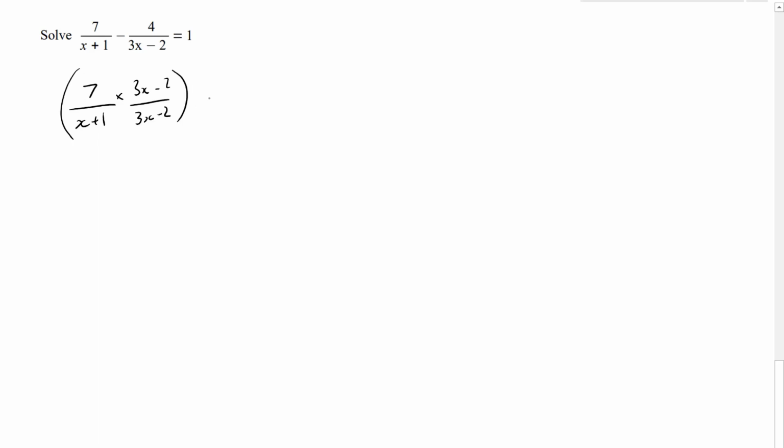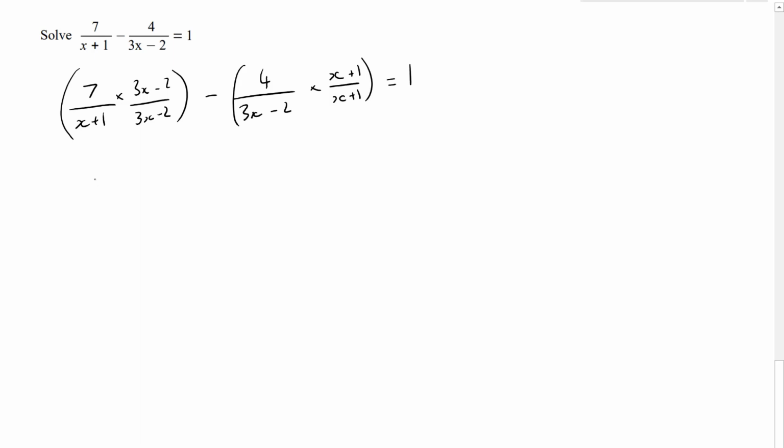So that's our first side, and then it's going to be minus 4 over 3x minus 2 multiplied by x plus 1 over x plus 1, and that's going to be our second thing. So this is going to get us to be under the same denominator, and that's equal to 1.